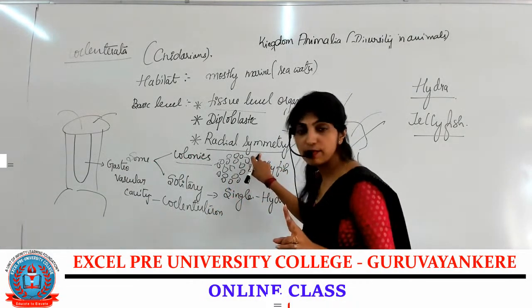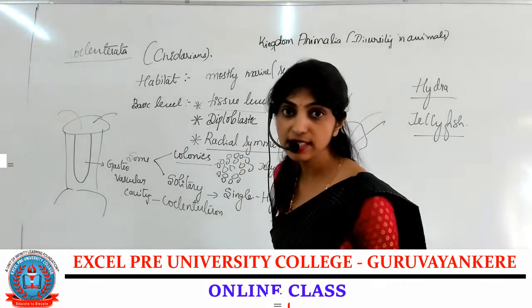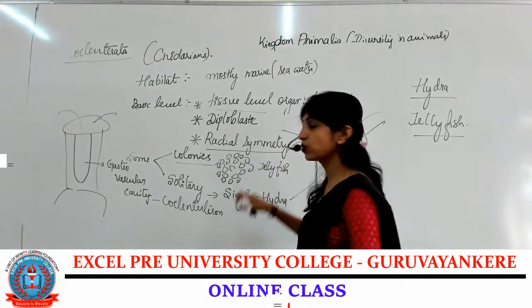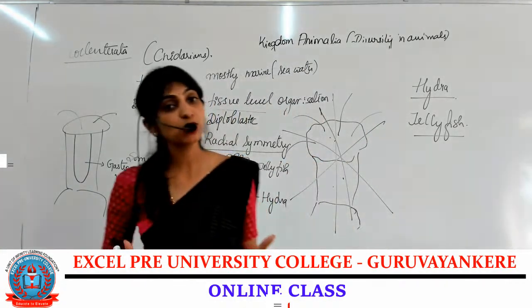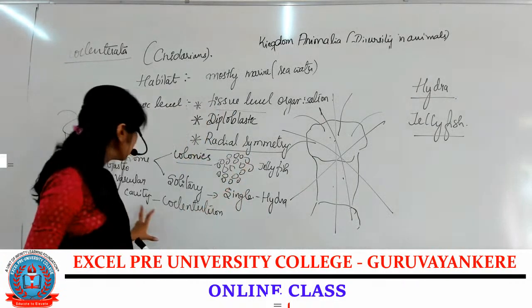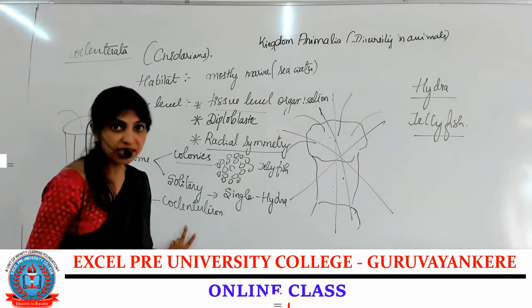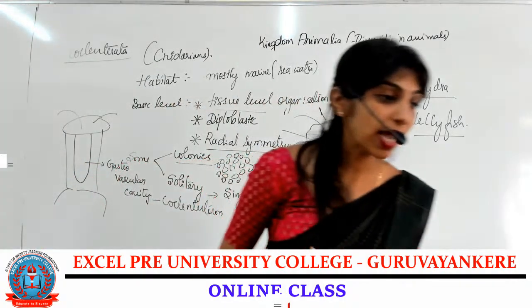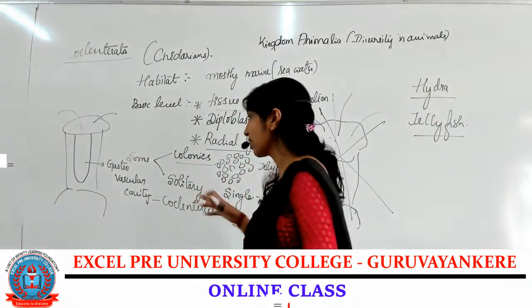Then in symmetry, we have radial symmetry. When we divide an organism in any plane, it will divide into equal halves. Then we have seen the body has a body cavity. That cavity is called cylindron, or it is called the gastrovascular cavity.